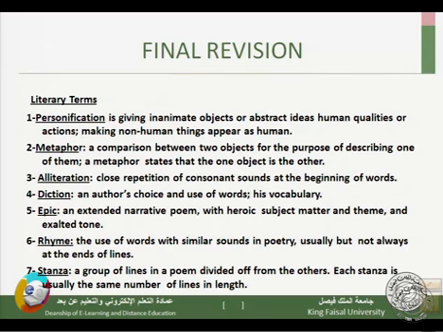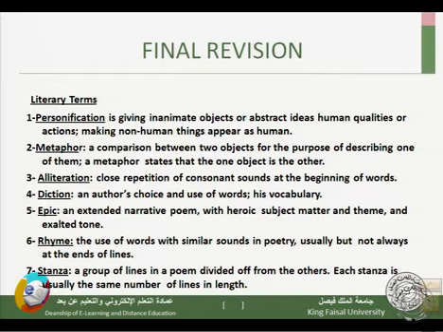Okay, then after finishing the poem of Paradise Lost, we move to study two other poems. But before studying these poems, we displayed some of what we call literary terms. Of course, because we cannot study some poems without having brief knowledge about some important terms that are used in poetry.